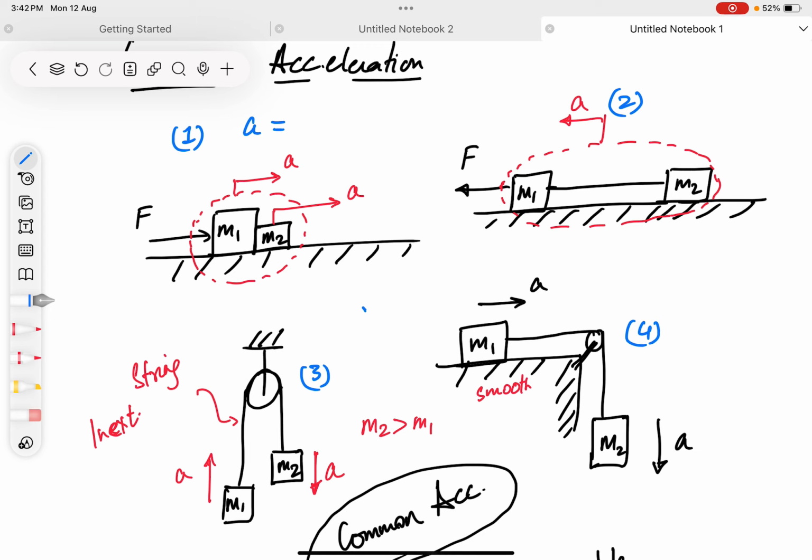In the case of strings and gravity, you will be finding that. In this case, it is the net force itself which is acting on the system. Now, in between M1 and M2, there is the contact. There will be a contact force, but that contact force will not be external, that will be internal to the system made up of these two masses.